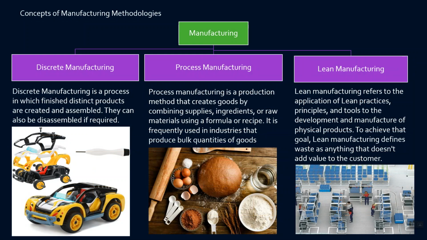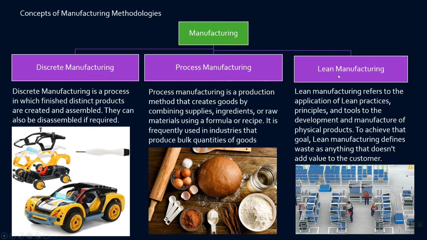Let's go further. Let's understand manufacturing methodologies. Ideally, there are three methodologies. First is discrete manufacturing, second is process manufacturing, and third is lean manufacturing. Depending on the business, you need to first categorize the industry, whether it belongs to discrete, process, or lean.